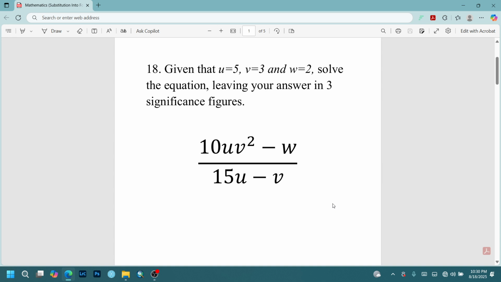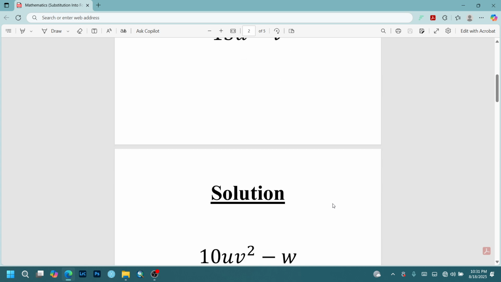So our given equation is the fraction 10 multiplying u multiplying v square minus w over 15u minus v, right? So let's quickly solve it.